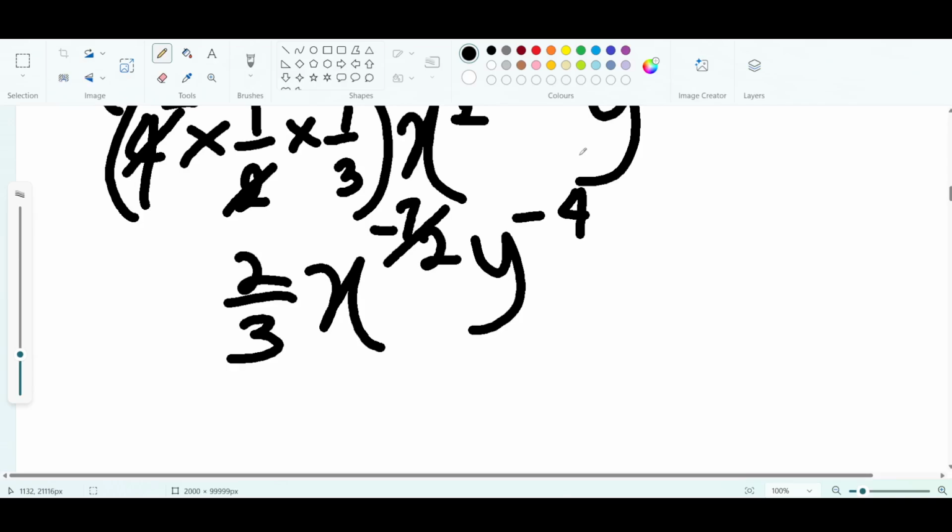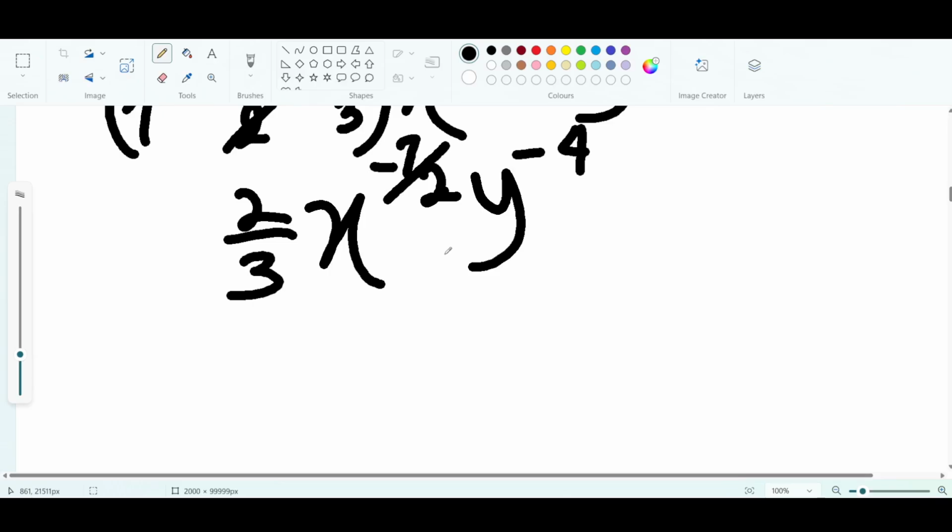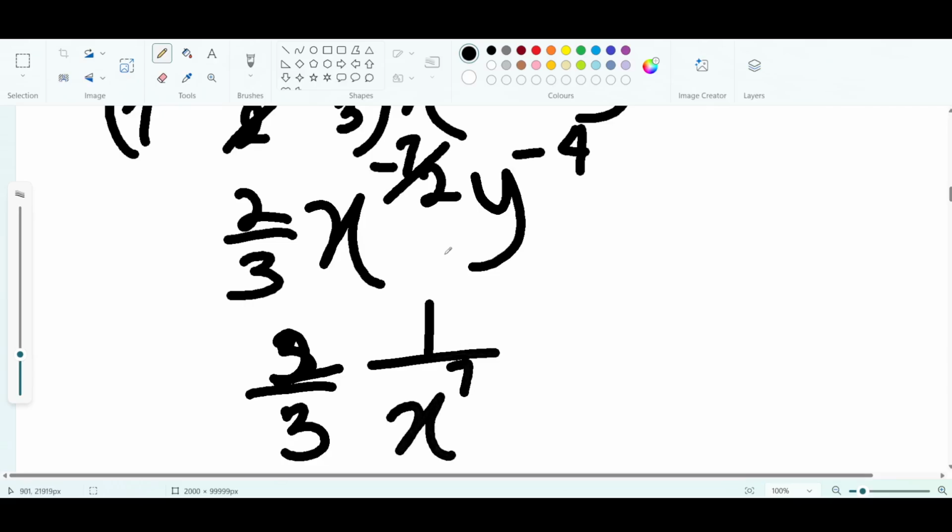So this division, the minus will now be converted using the fourth rule, which is x to the power minus 1. That's 2 all over 3, which is going to be 1 all over x raised to power 7 all over 2, and here is going to be 1 all over y raised to power 4.